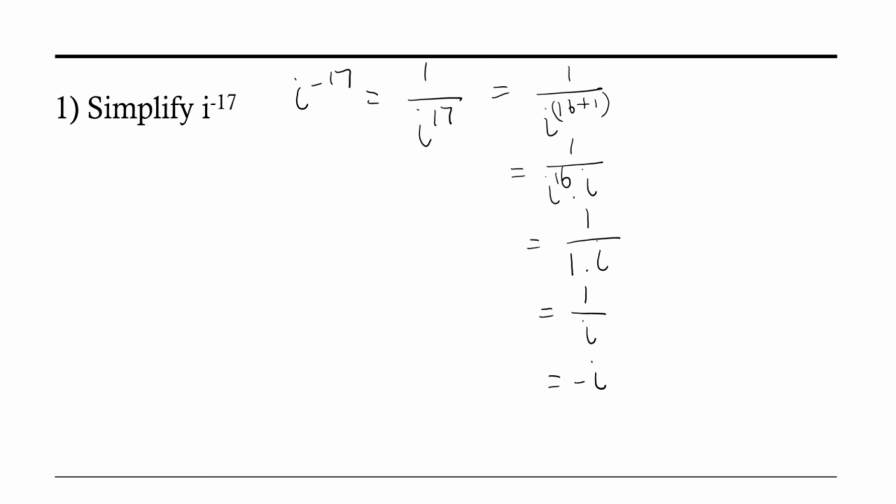So i raised to −17 is equal to −i. So this is how we can simplify a huge power of i into a simpler one.